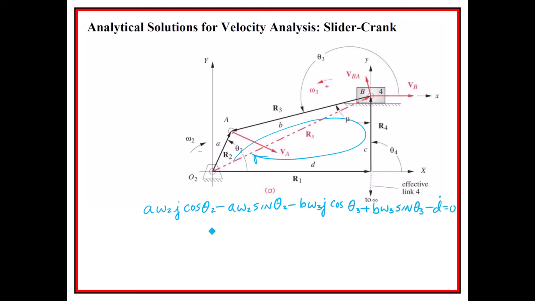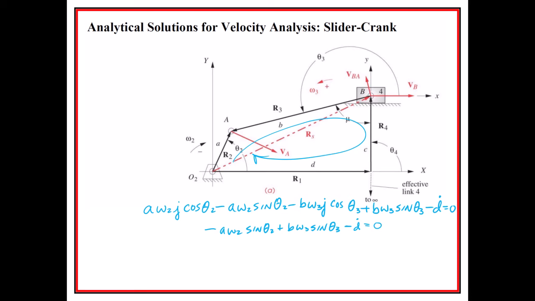And then we had the real and the imaginary of minus a omega 2 sine of theta 2 plus b omega 3 sine of theta 3 minus d dot equal to 0.